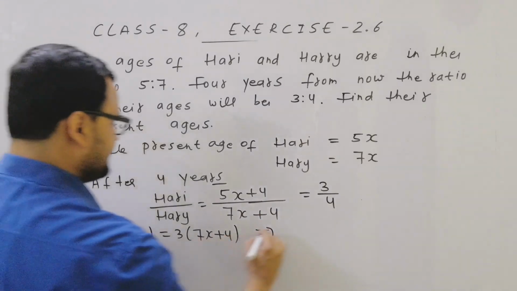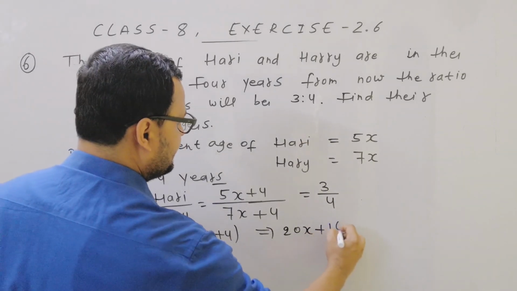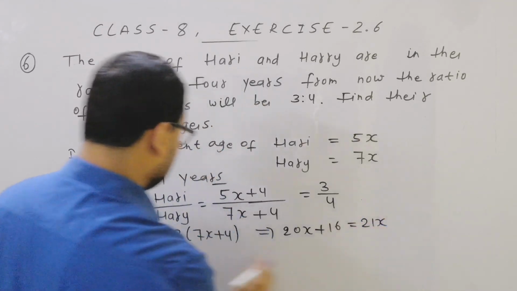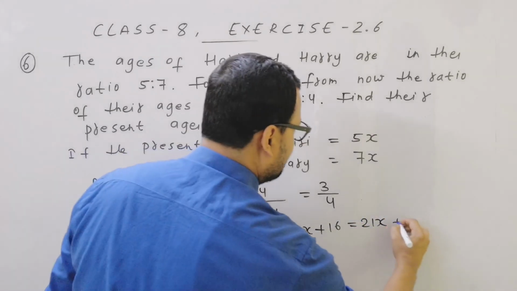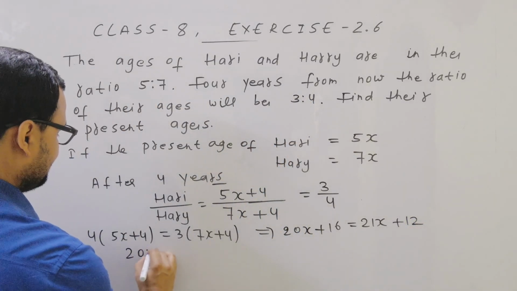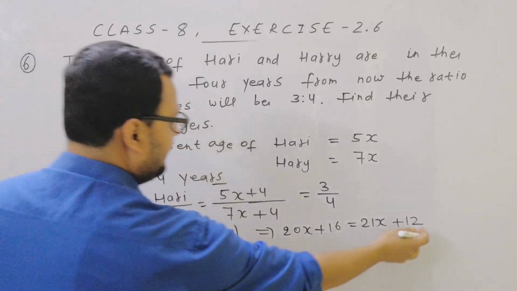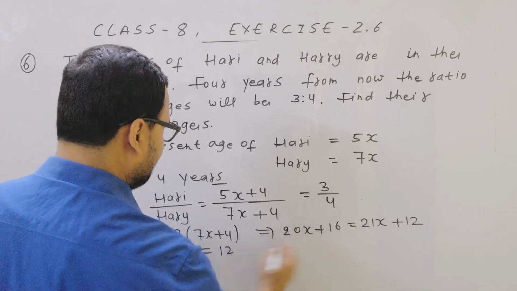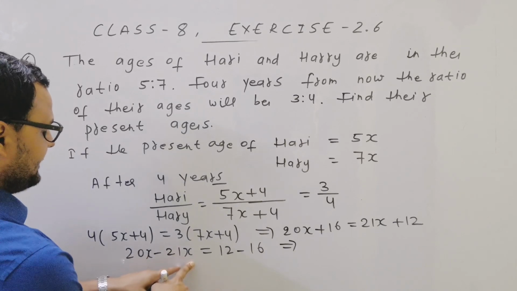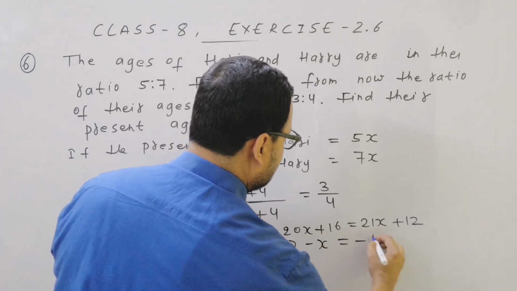Now 4 into 5x, I got 20x, and 4 into 4, I got 16, equal to 7x into 3, 21x, and 3 into 4, I got 12.